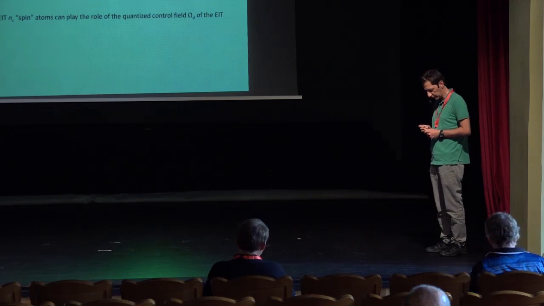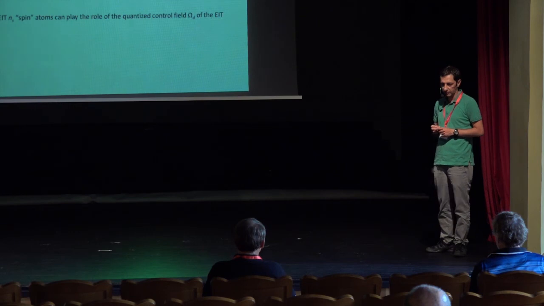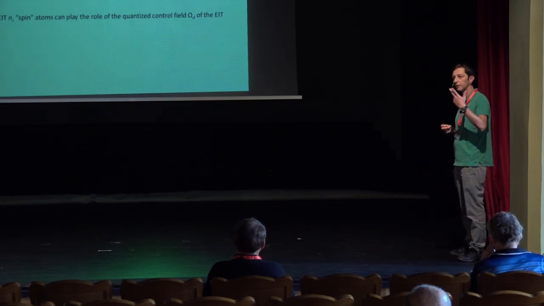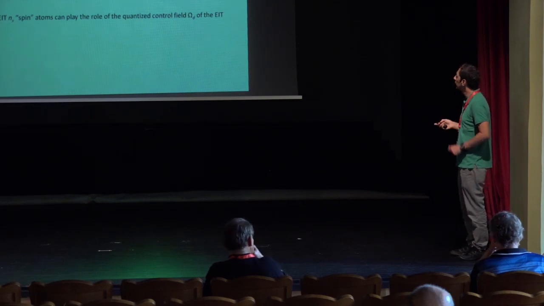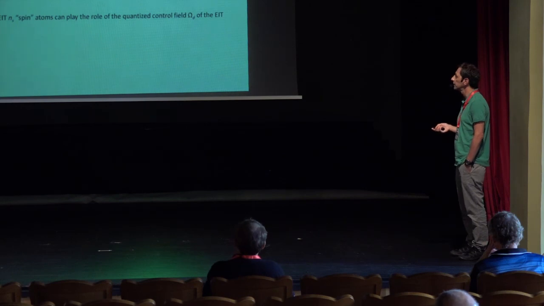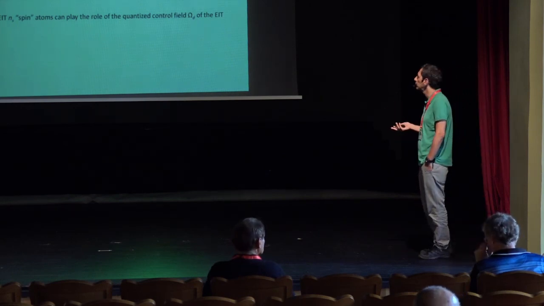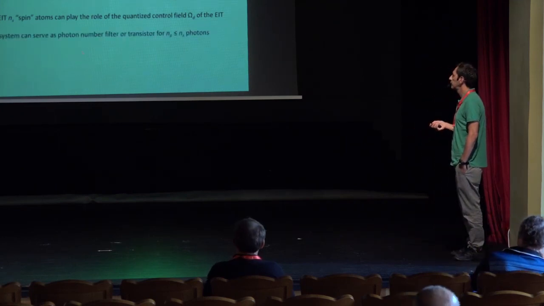Now I say, okay, let's go to the Rydberg state and use for such a quantized driving field another species of atoms, or a single atom, or a few. And then you can induce the transparency in a quantized way. So you have transparency for 1 or 2 or 3 photons, but not more. And this system can then serve as a photon number filter or transistor.